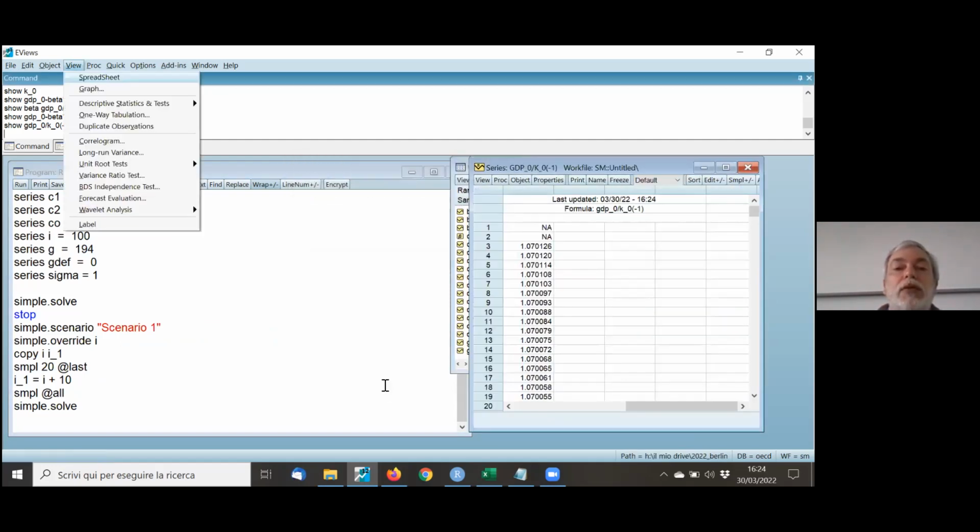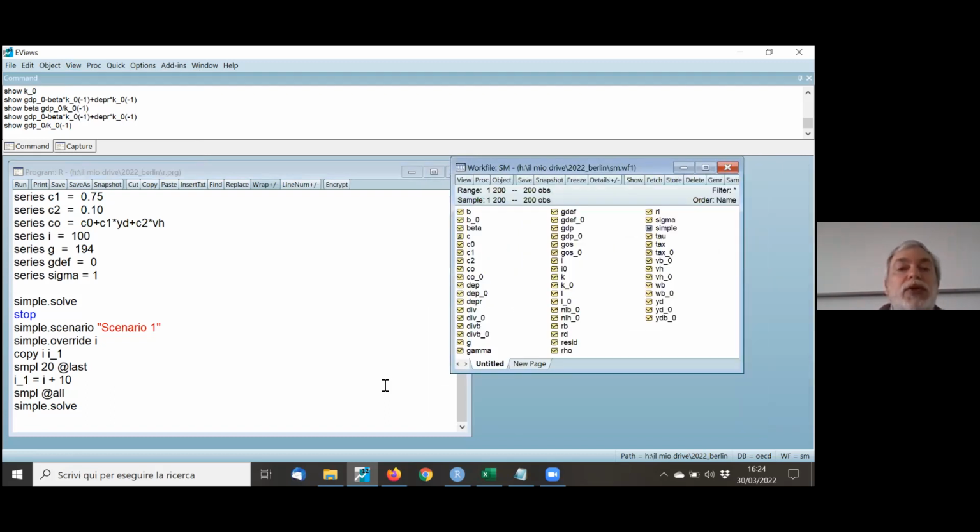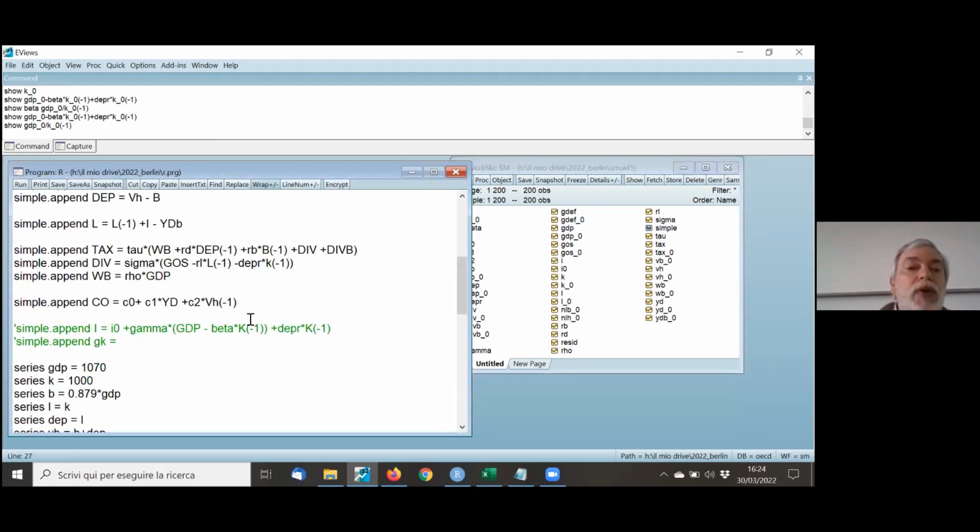Okay, now this is fine. So what was happening here, I don't really know. Anyway. Now this is 1.07. And how do we want to write our growth of the stock of capital?